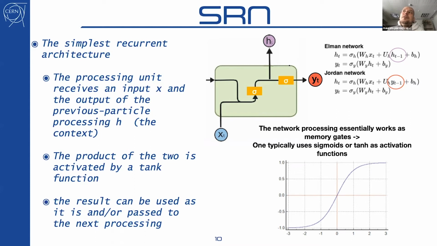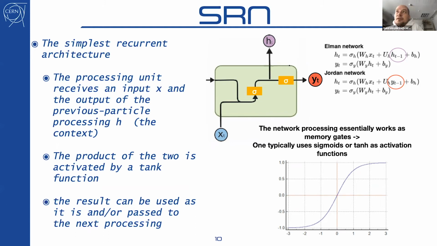So the algebra is very similar to that of the dense network if you look at it. So what's happening is that, let's take for instance the Elman network. The memory cell comes from some sigmoid activation function.